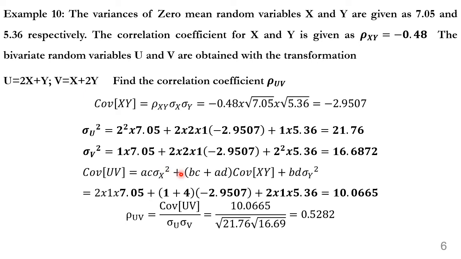So let us substitute those values here and we get the answer as 10.0665. Once we get the covariance of UV, we can get the correlation coefficient rho UV is equal to covariance of UV divided by sigma U sigma V. So substituting those values, we get this as 0.5282.